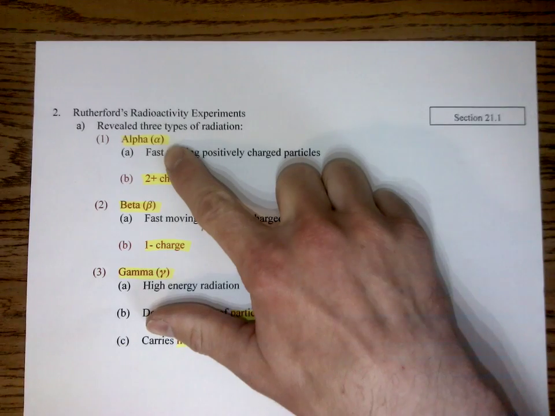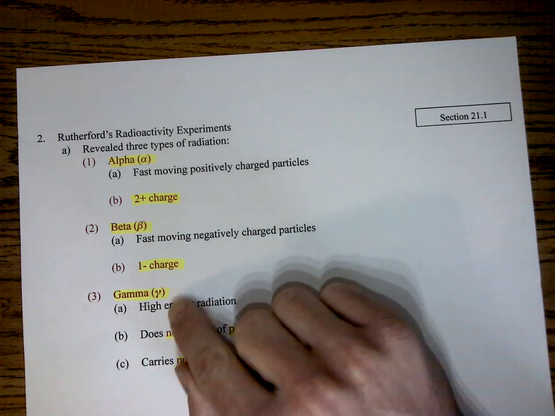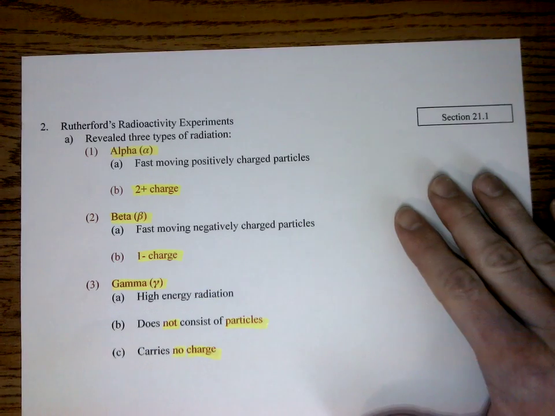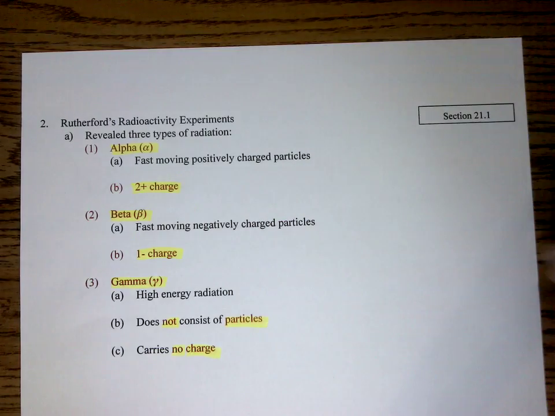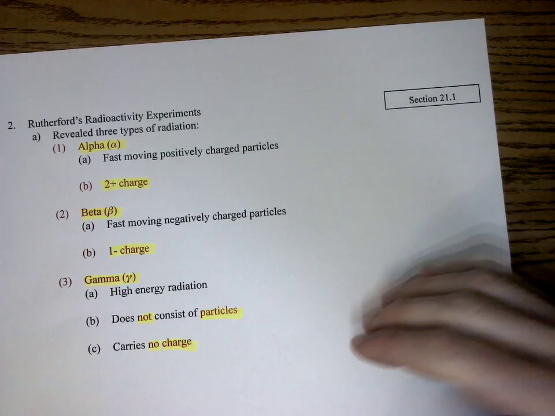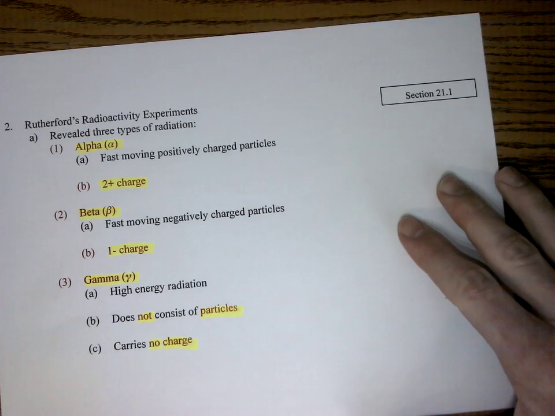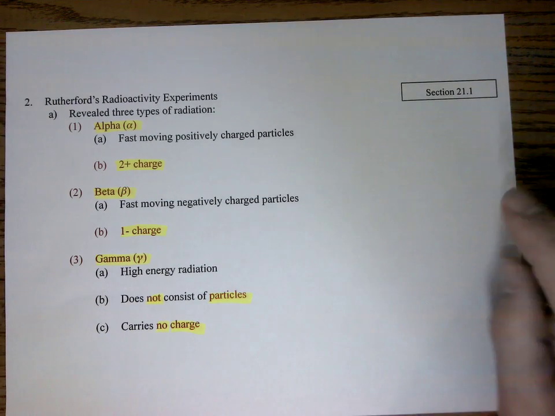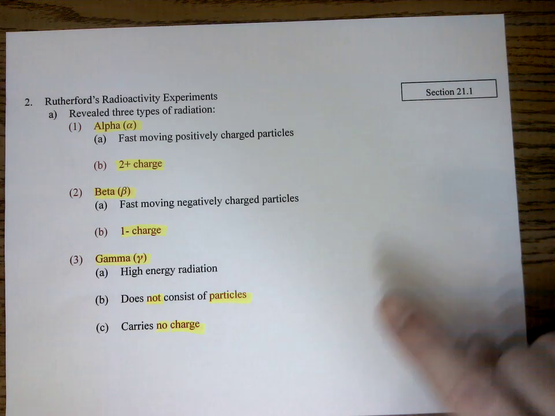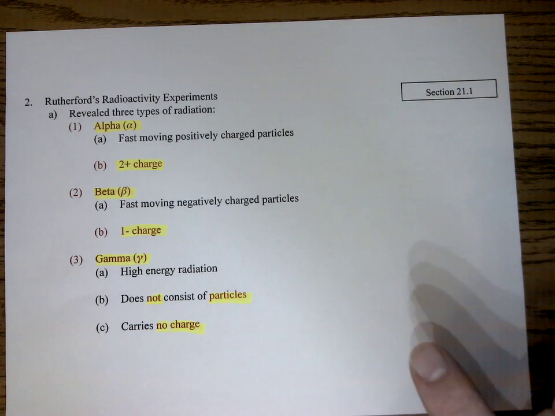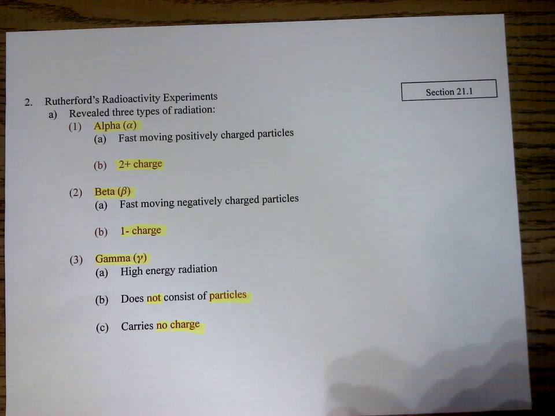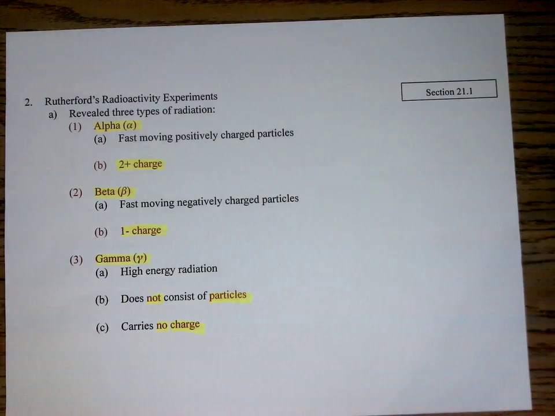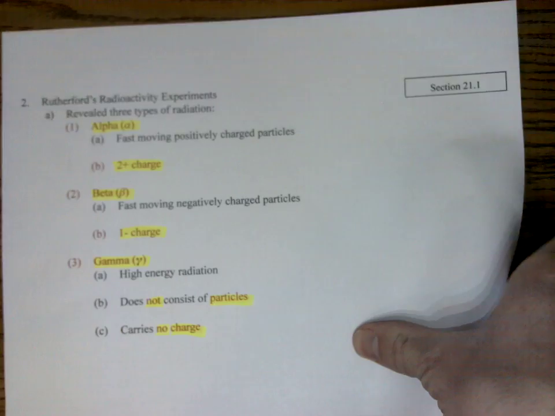You can also see that the symbols for each of these are written in parentheses. So alpha has the Greek symbol for alpha, beta, same thing, and then gamma, which kind of looks like an upside down Y, is that symbol there. Notice how these are going to vary in terms of their charge, energy, and amount of mass. And that's important to keep in the back of your mind as we go through this process. All right, let's keep moving on here.